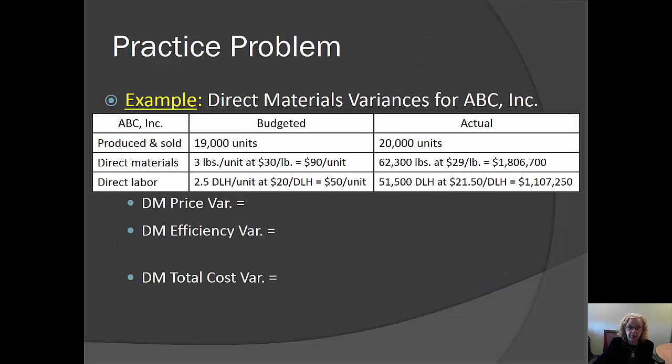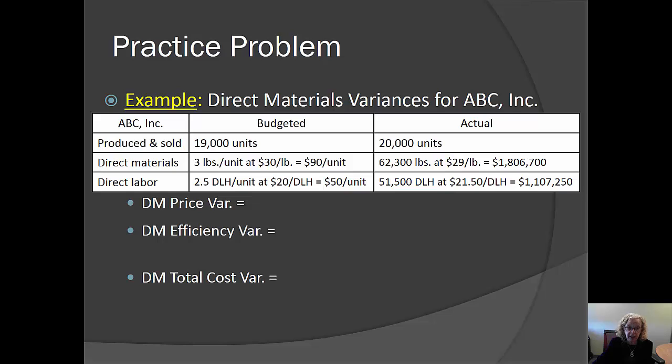Let's do a practice problem. We have some information about ABC Manufacturing. We know how many units they expected to produce versus how many they actually produced. We're given information about their expectations and their actual use of materials, and their expectations and their actual use of labor.